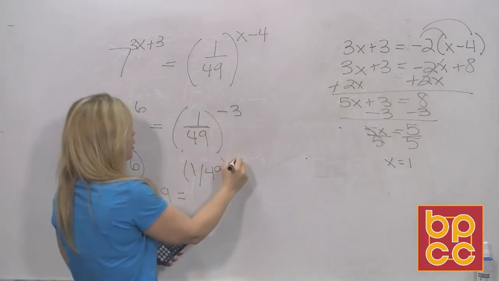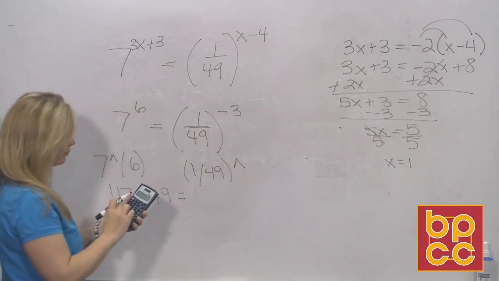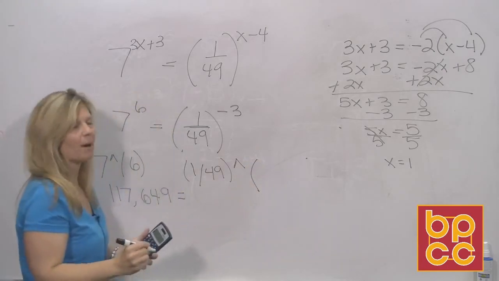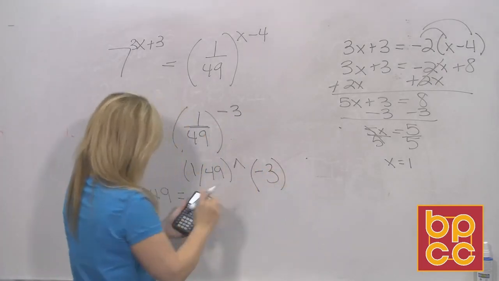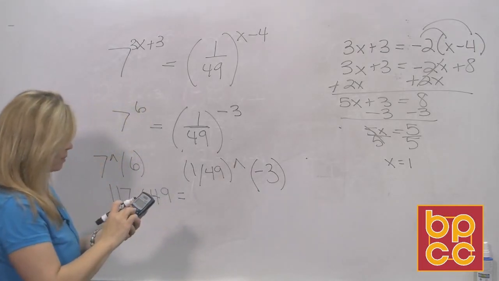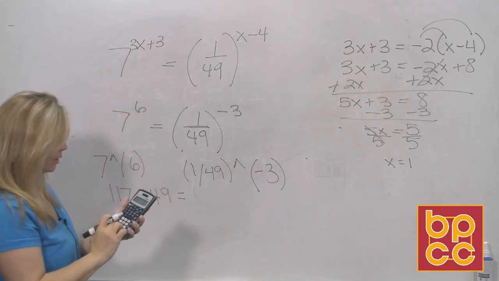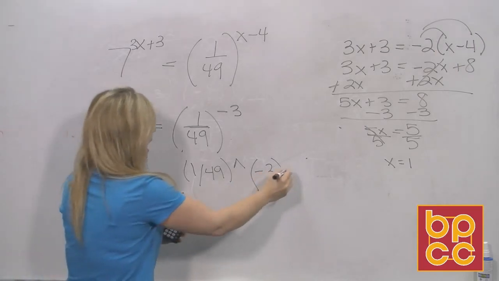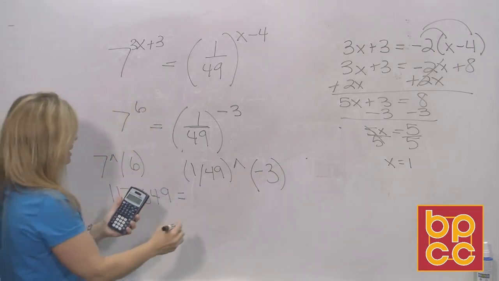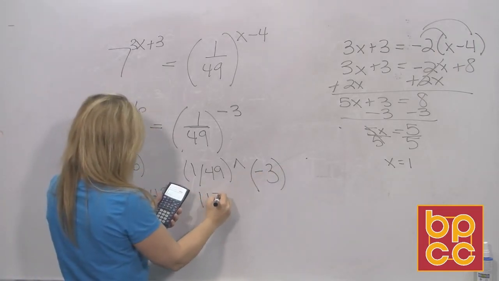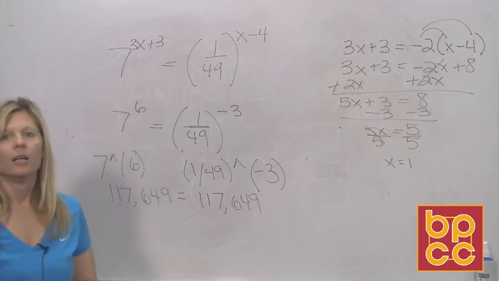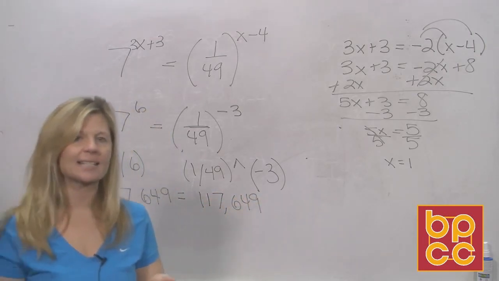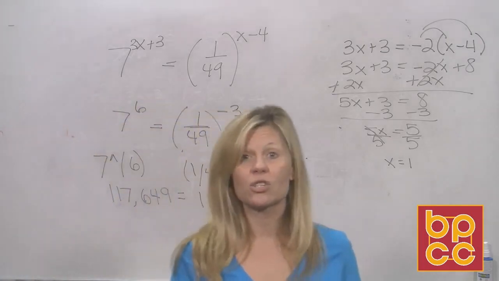Now I want to put in the exponent, so I'm going to hit my caret. I'm going to open parentheses for my exponent, and my exponent's little negative 3. So I open my parentheses, I put little negative 3, and I close it, and I hit equals. And sure enough, my calculator gives me 117,649.